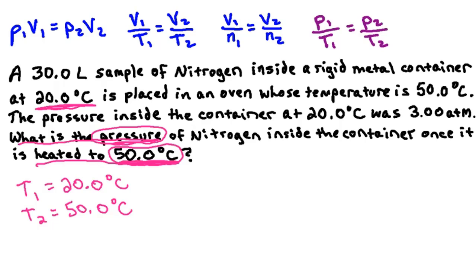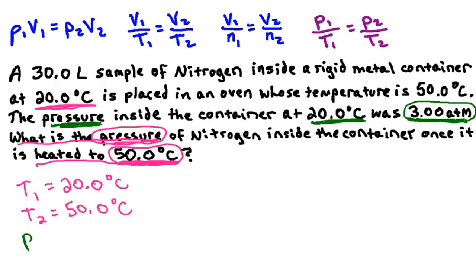Now it also says the pressure inside the container at 20 degrees Celsius was 3.00 atms. So at 20 degrees Celsius, that was our first temperature, right? So when we had T1, the pressure was 3.00 atms.